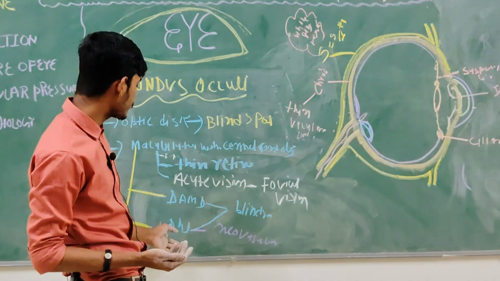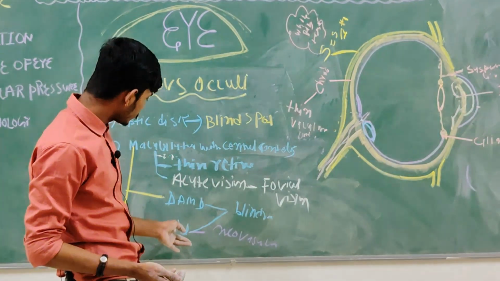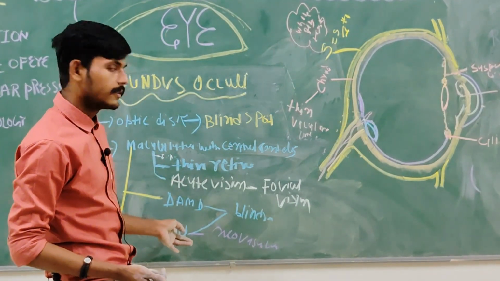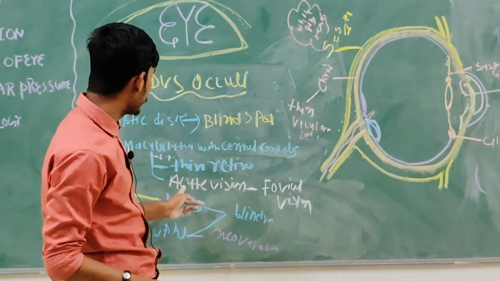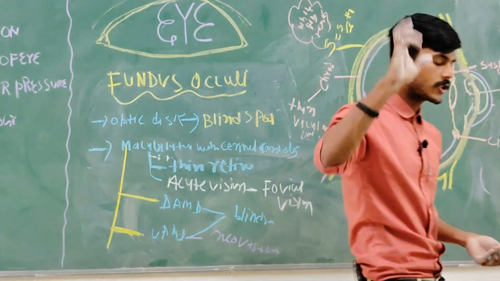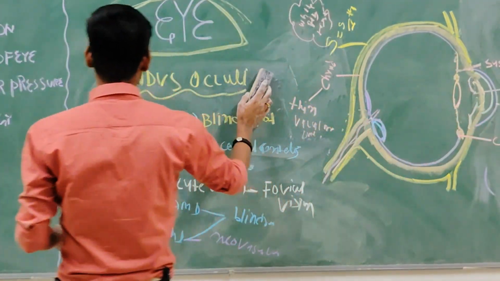That condition is called WAMD, wet age related macular degeneration. Understanding? And the vision which is mediated by the fovea centralis is called foveal vision. It is very sharp, the acute vision.